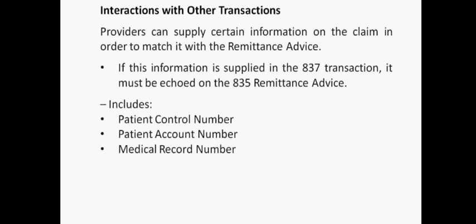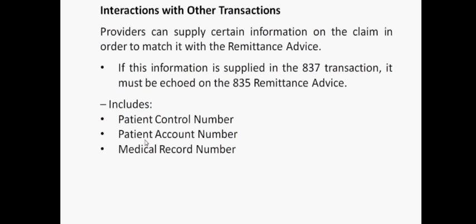That is replicated back in the claim when it goes back to the provider. Basically, they want to tie back the claim when they receive it so that they can track it for their internal purposes. Because in the hospital environment, for claims or any transactions, the unique identifying information is your patient control number.